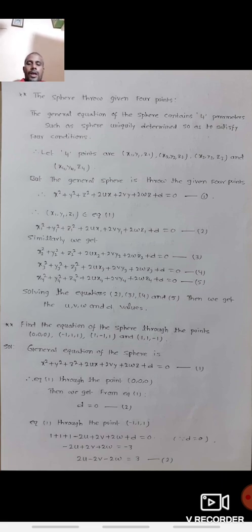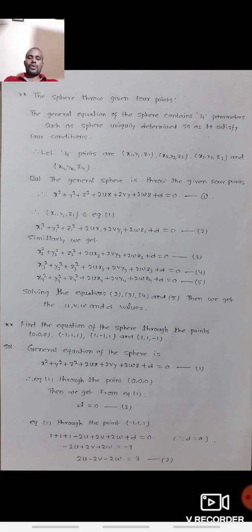At the same time, equation 1 is also passing through the second point, which is (−1, 1, 1). Now substitute (−1, 1, 1) in equation 1. We get 1 + 1 + 1 − 2u + 2v + 2w + d = 0. But here d = 0.